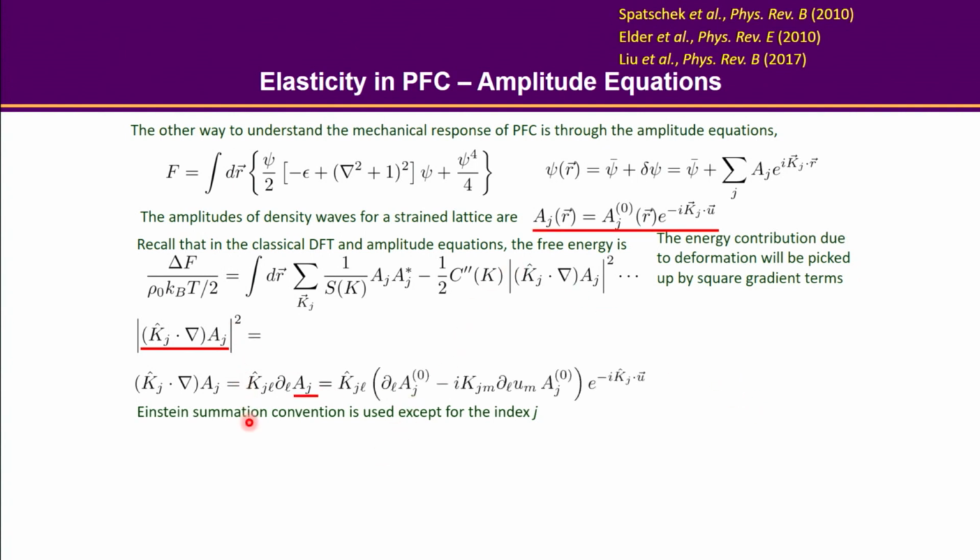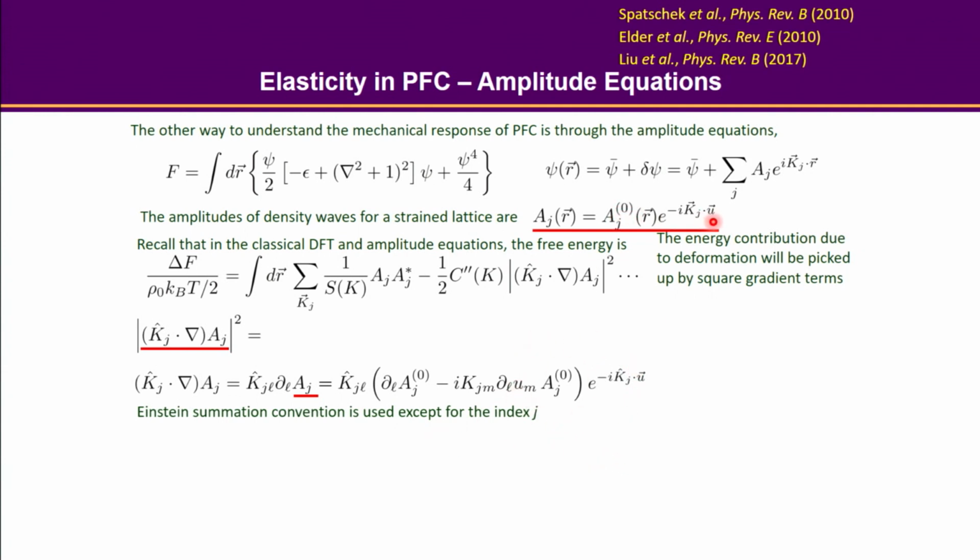Quickly, you can see I'm just taking A_j, the derivative with respect to x_l. So I will have two terms. One is the spatial derivative with respect to A naught, and for the second part I don't take the derivative of A naught. I take the derivative of the exponential part.